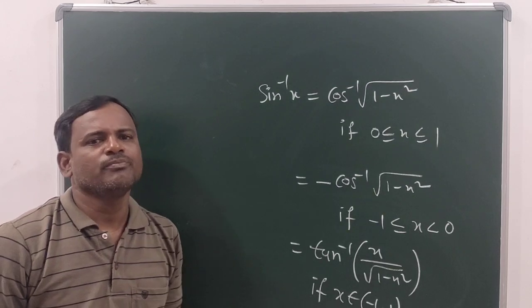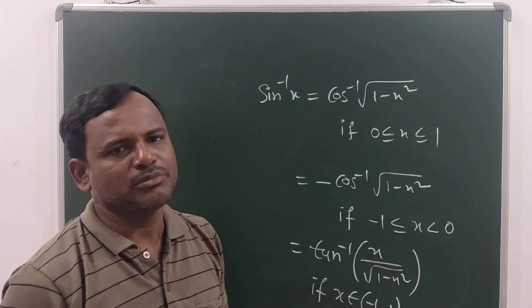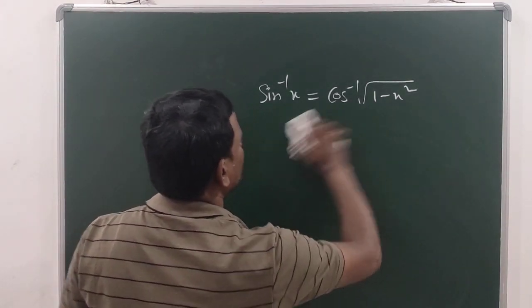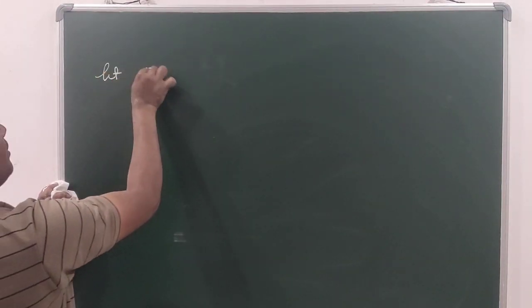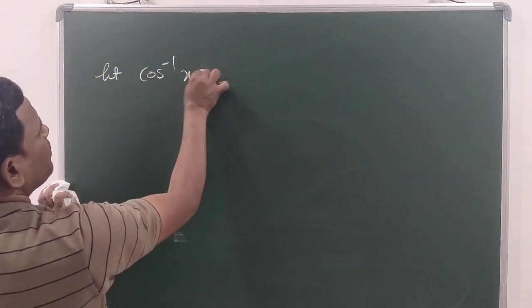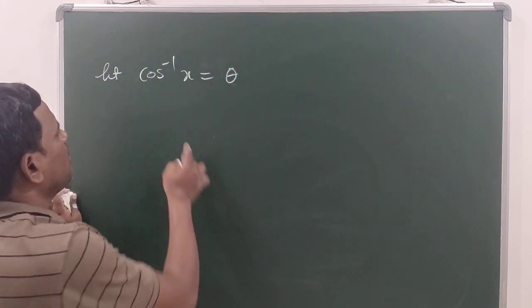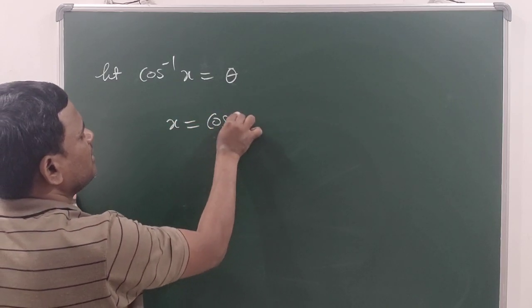Now let us go to express cos inverse of x in terms of sine inverse. So for that what you need to do? Let us take cos inverse of x equal to theta. Now, so x equal to how much? Cos theta.